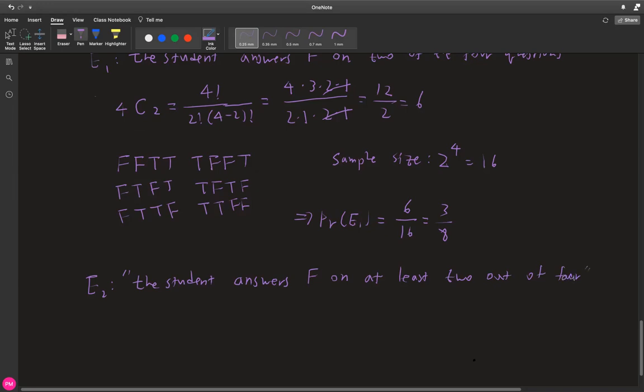So what does it mean by at least 2? It means 2, 3, and 4.